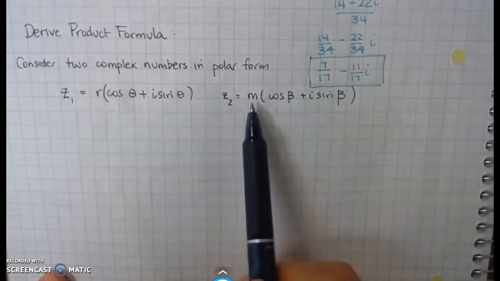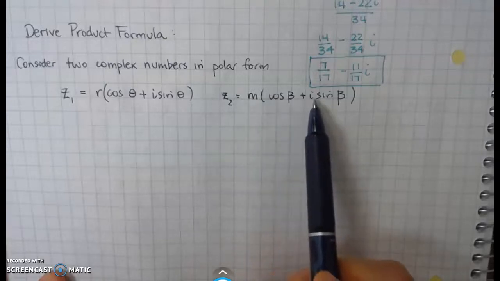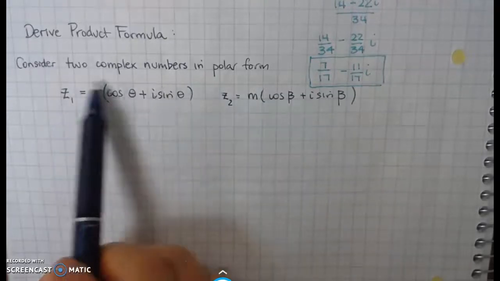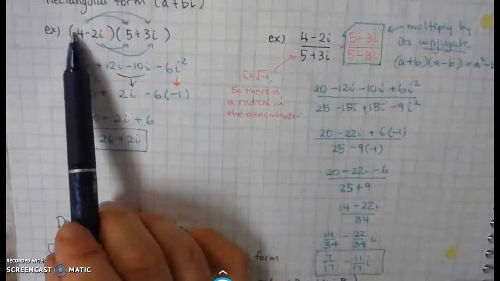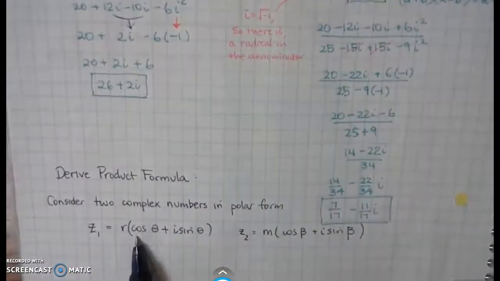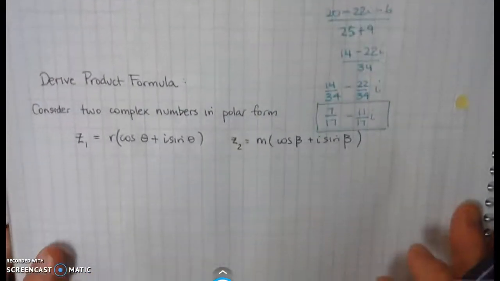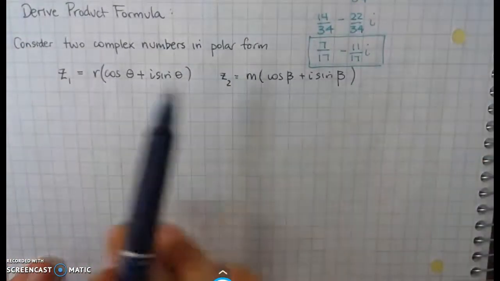A second complex number is m multiplied by cosine of beta plus i sine of beta. Remember, this is just another complex number, but it is represented in polar form. Okay, so when complex numbers are represented in polar form, something cool happens.